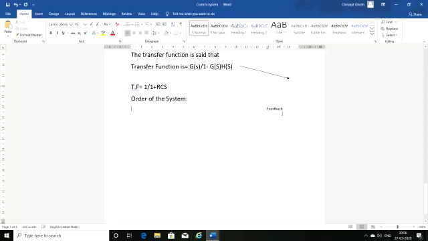The order of the system is the highest power of S in the denominator of the transfer function.